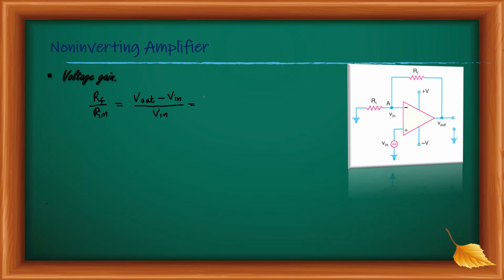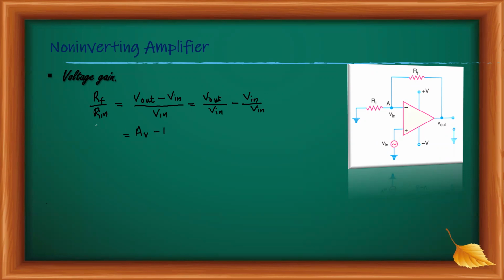The RHS is written as V out divided by V in minus V in divided by V in, isn't it? V in divided by V in must be equal to 1. And V out divided by V in is the voltage gain.